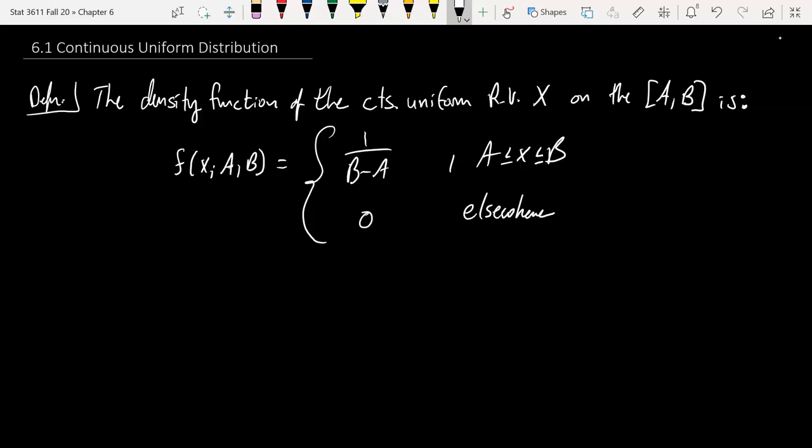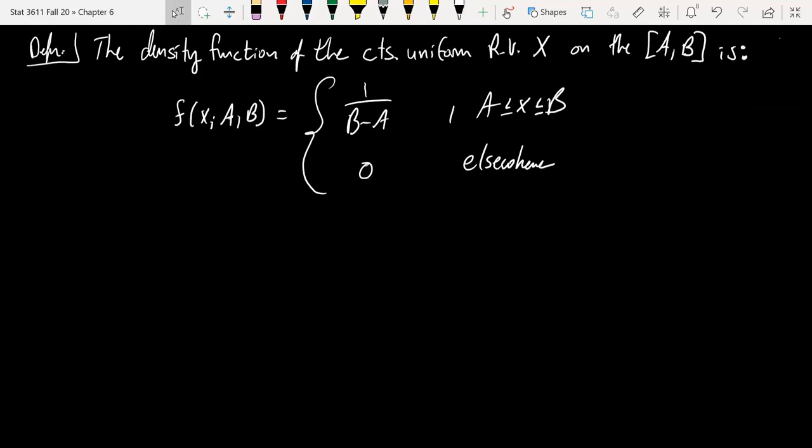So A and B are constants that are given to you. So this function is equal to 1 over B minus A. That's just equal to some constant over that interval, right?